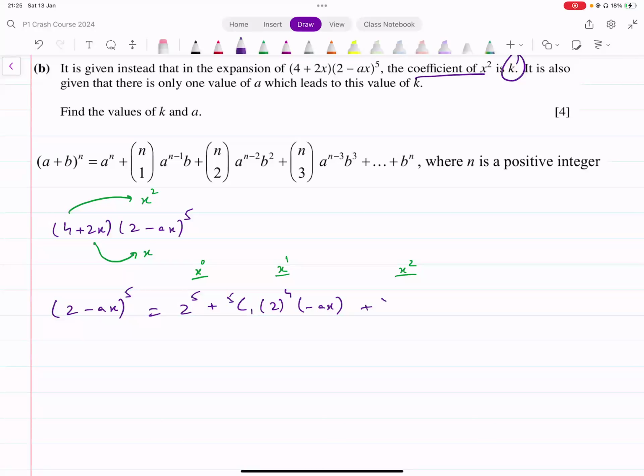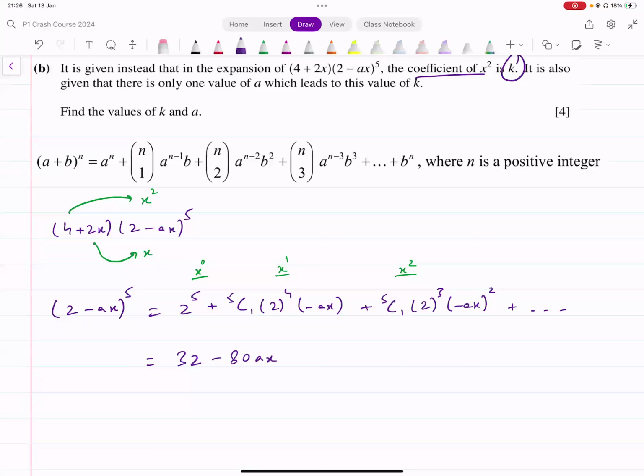Let's expand one more term. 5c2 into 2 raised to the power 3 into (minus ax) whole raised to the power 2. And just ignore the rest of it for now because it doesn't look like we need that. What do we get from this? 32 plus 5 into 2 raised to the power 4. 5 into 16, that's going to be 80. Then you have to multiply that by minus ax. That's going to become minus 80 times ax.